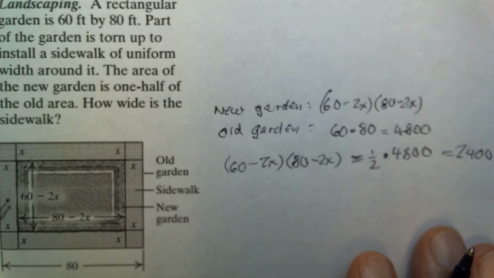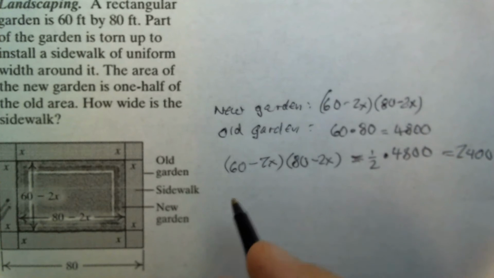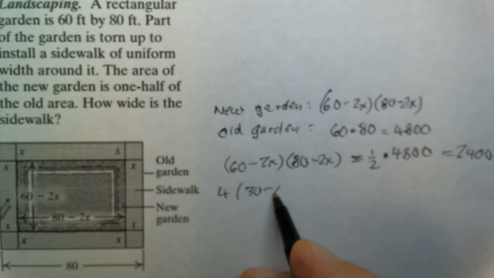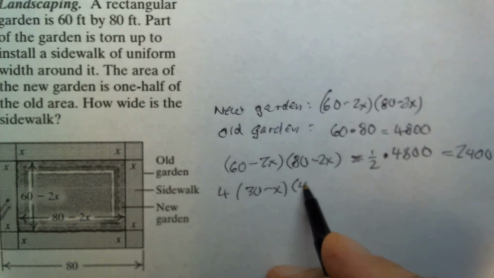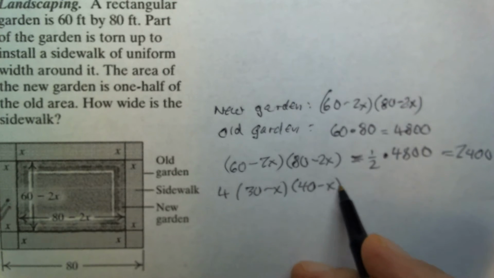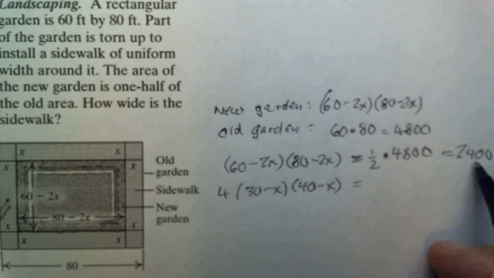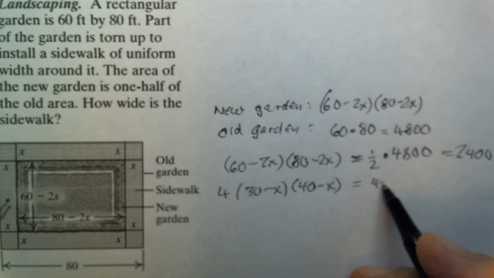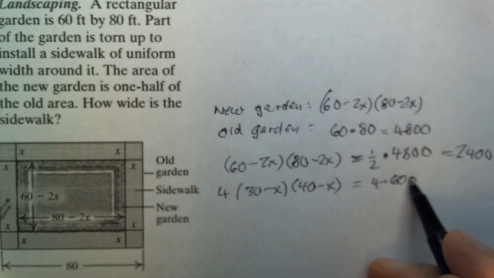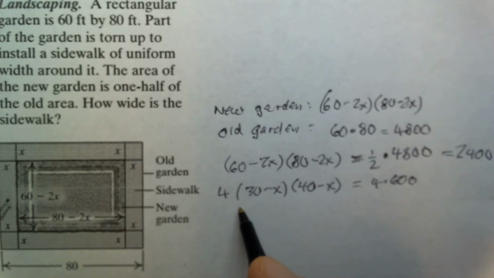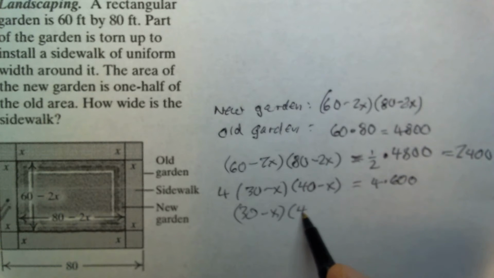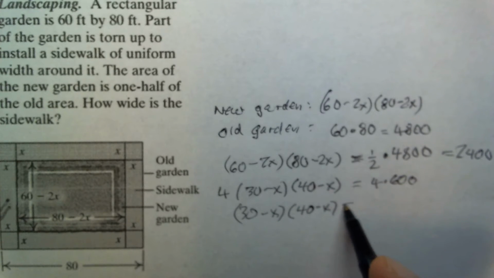Now we can simplify the calculations a little bit if we factor out a 2 from the first term and a 2 from the second term. So we factor out a 4, and that'll make it 30 minus x times 40 minus x equals 2,400, or 4 times 600. So we divide by 4 on both sides, so we have 30 minus x times 40 minus x equals 600.